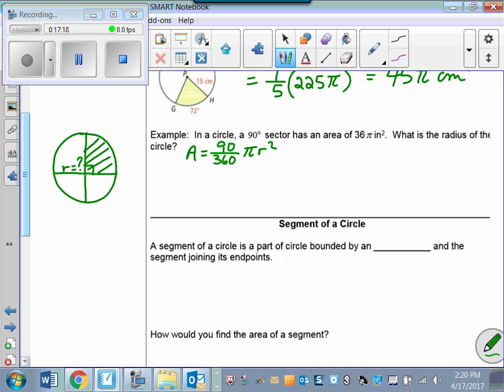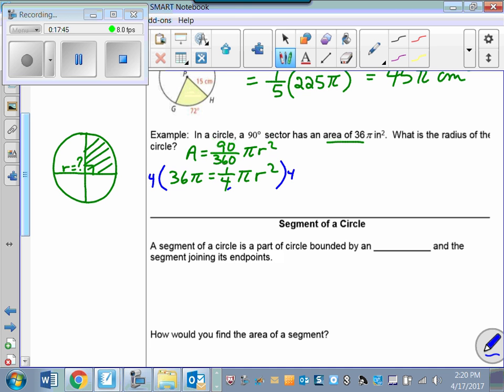Okay, but hey, what else can we plug in? The area. We know what the area is. The area is 36 pi, and that equals, we know 90 over 360, I'm going to go ahead and simplify that, times pi r squared. So now I just got to solve for r. So what I want to do is multiply both sides by 4 to get rid of that 4 right there.